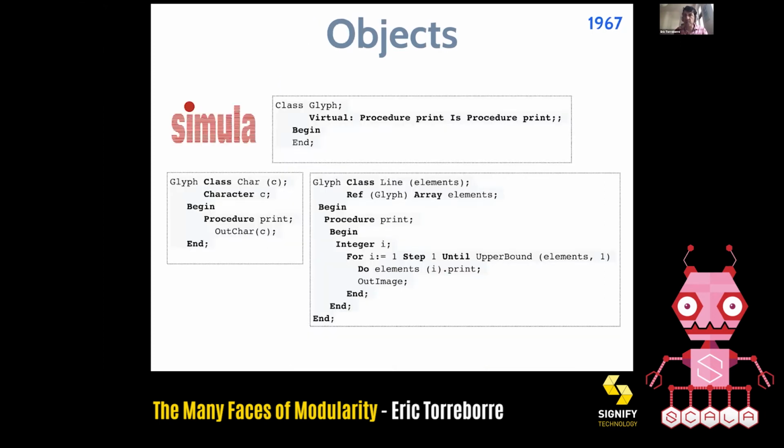In the same decades, people came up with objects. And I want to mention this because the language coming up with objects was really intending to use objects not so much as a way to reuse code, but more as a way to simulate, and that's where the name comes from, physical systems or systems where different elements or agents are interacting together.